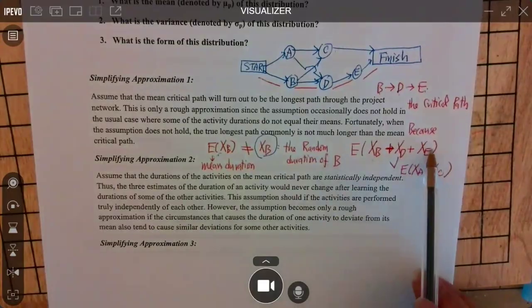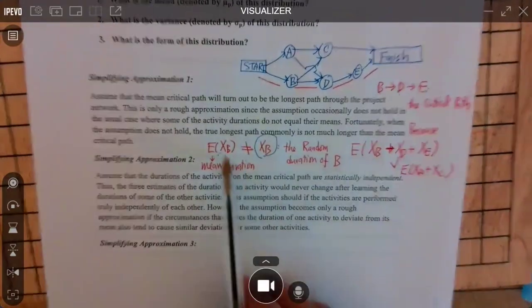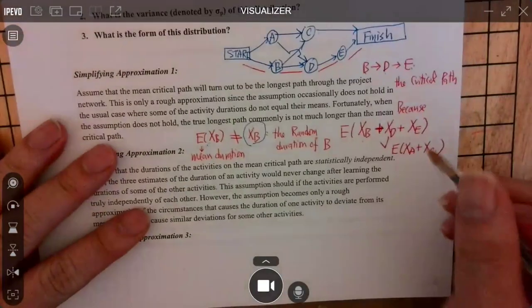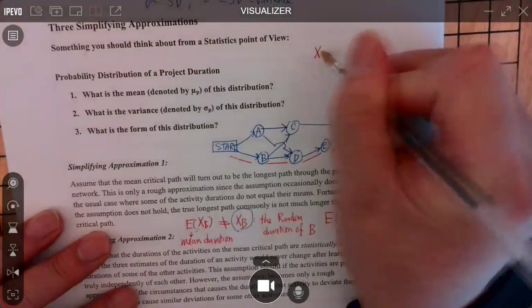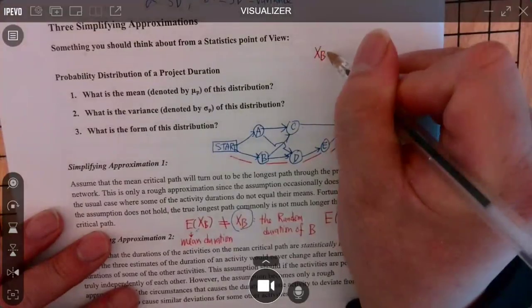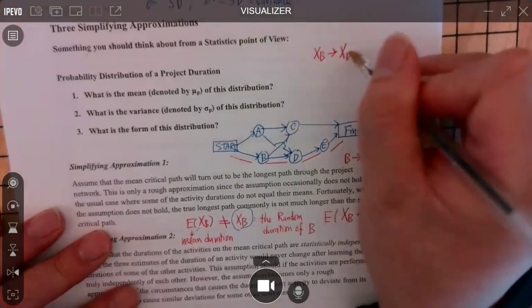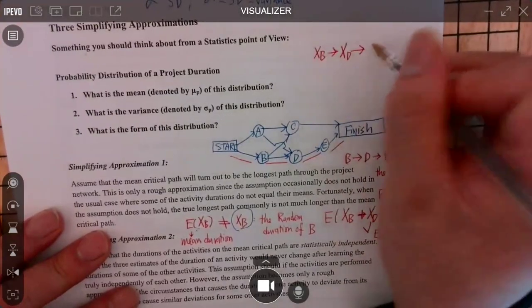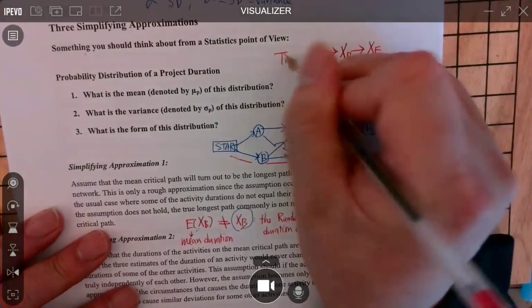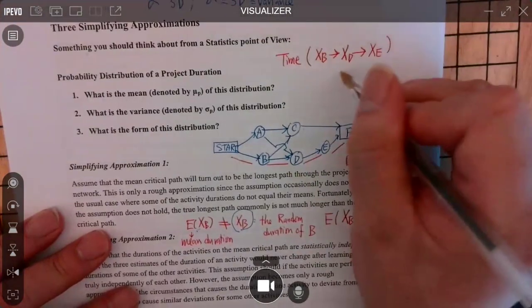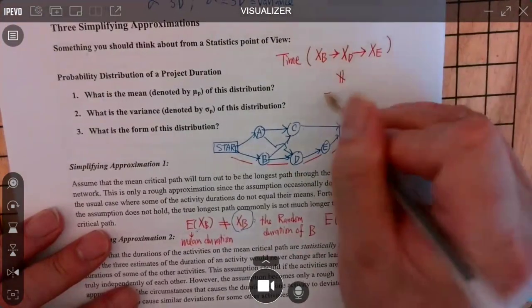But expected one is longest one doesn't mean in the real life it's still the longest one. Okay? As you know, that what I mean is the new duration from xb to xd to xe, the time, usually will not exactly equal to its expected value.